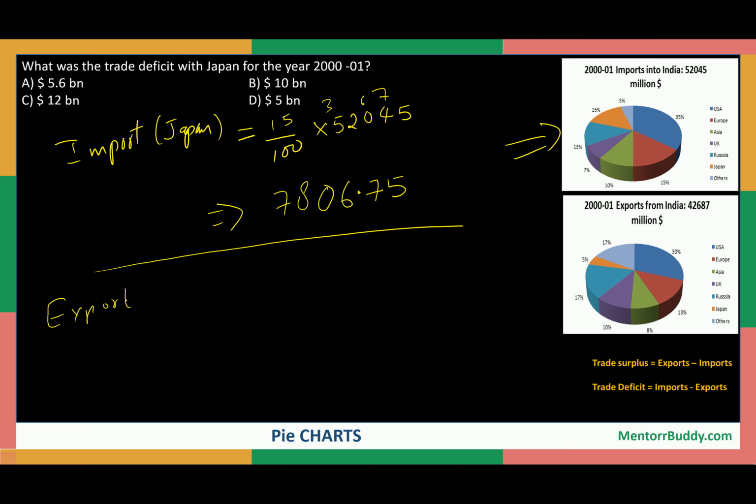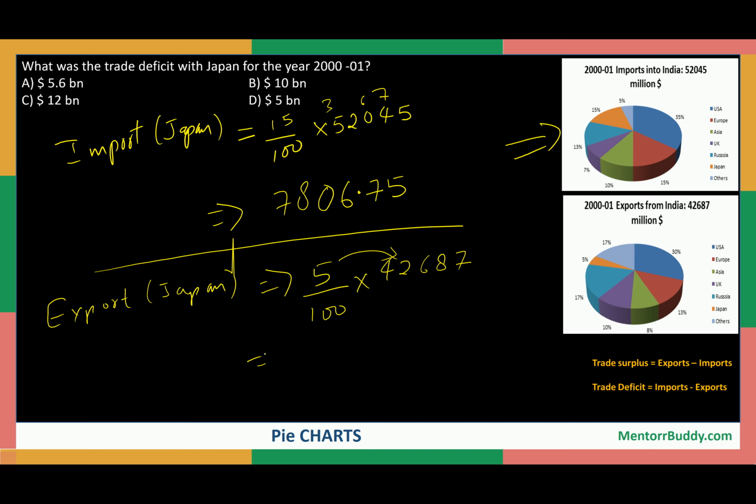Now we need to find the export to Japan, right? Export to Japan is how much? That is 5% of the total export. So 5% of total export will be 5 divided by 100 multiplied by 42687, right? We can directly multiply it.